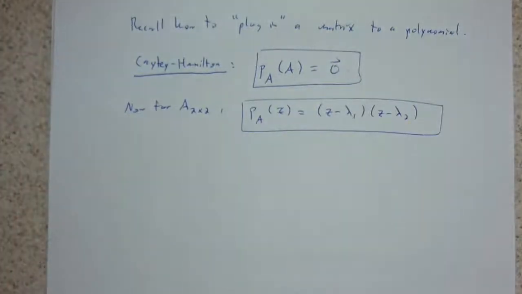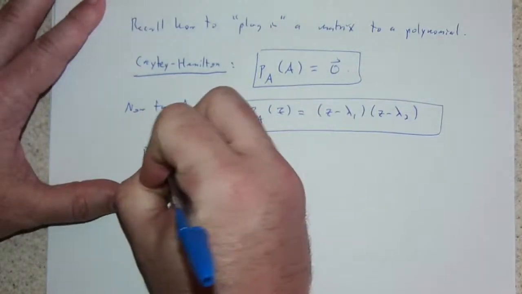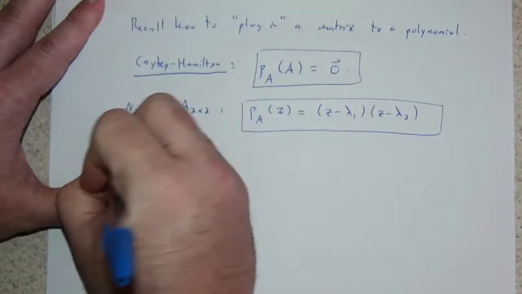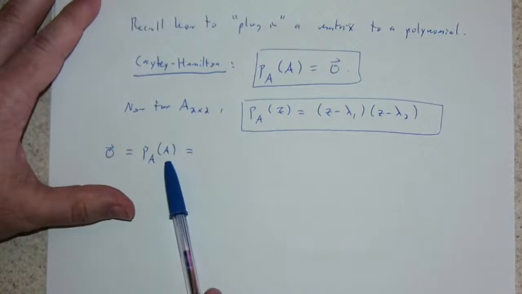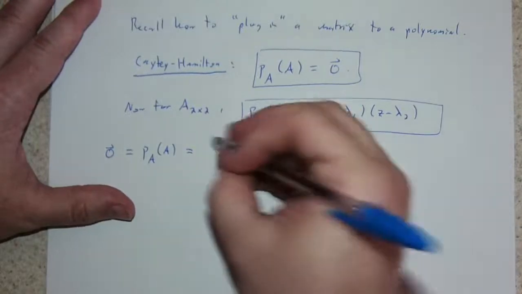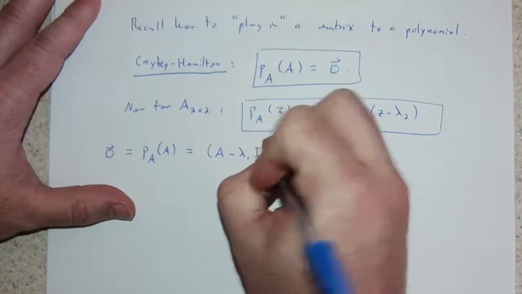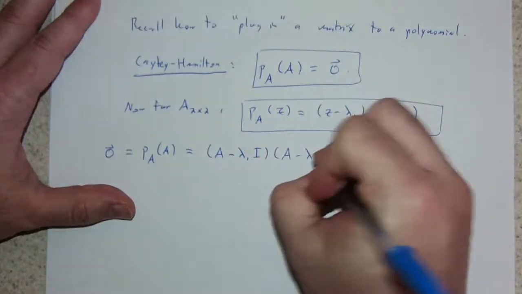And so P sub A of A, by Cayley-Hamilton, is equal to the 0 vector. By how to plug this in, this becomes A minus lambda 1 times I times A minus lambda 2 times I.